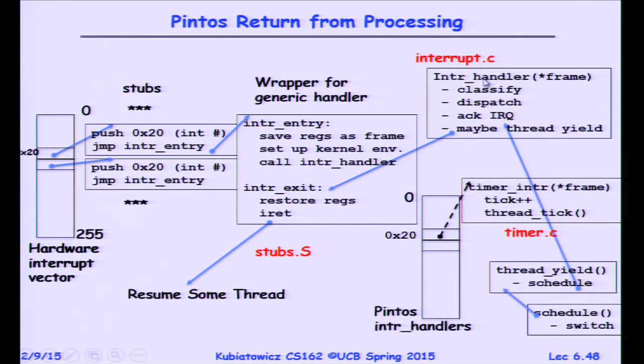For instance, the fact that the interrupt handler that eventually gets called in Pintos dispatches through a separate table is part of the way the operating system was designed to run on top of this hardware. The fact that the hardware has a vector that calls a stub is more of an x86 thing. So as you're tracing this code, there's the code that's there because of x86, and the Pintos code because it's Pintos, and those two match up at some point.